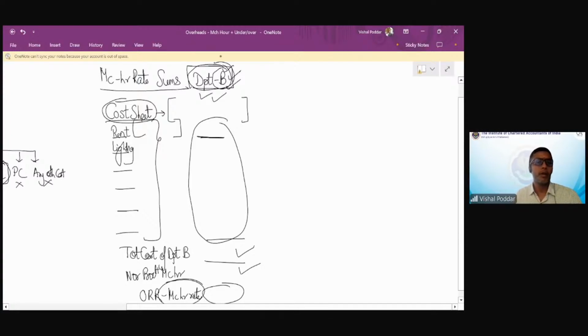So remember one thing, while preparing cost sheet, we have to be cautious that we have to find out cost of only one department. And second thing is, again, some of these costs may be given in the sum as per annum, some may be given per quarter, some may be given per month. Obviously, we cannot add up cost of different denominations. Denominations means here the denomination is period.